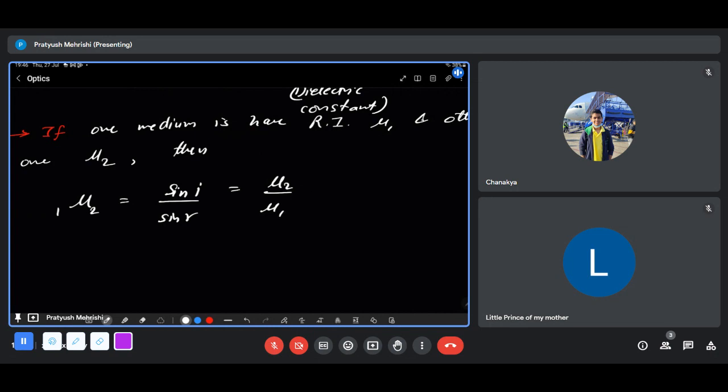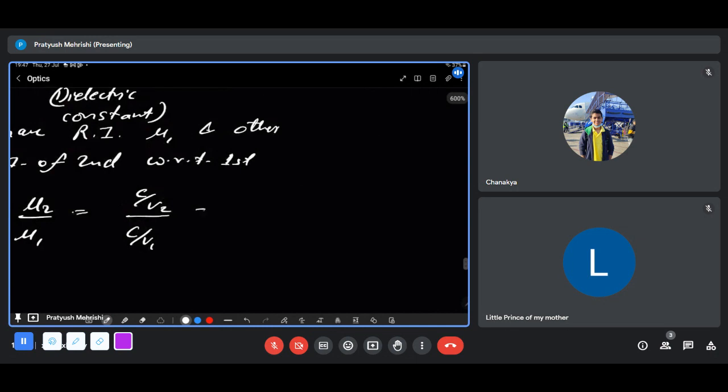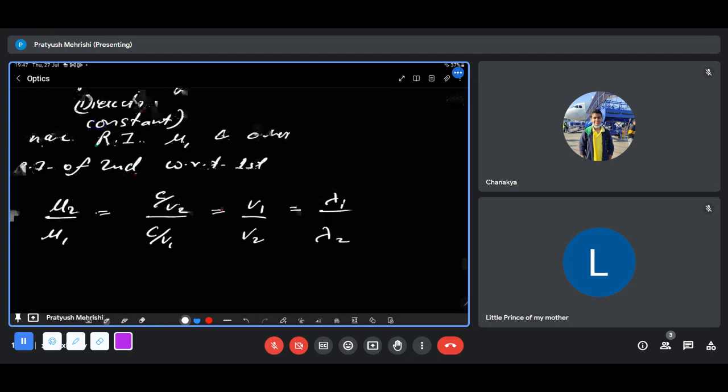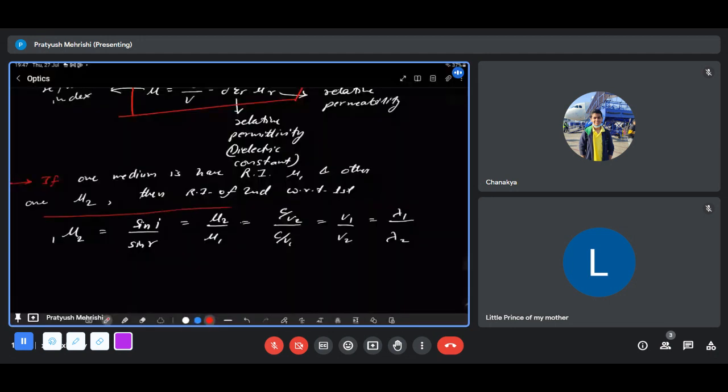Sorry, if it is the refractive index of second with respect to first, then it is equal to C upon V2 divided by C upon V1, which is V1 upon V2, which equals lambda 1 upon lambda 2. This is our final formula, which you must remember.